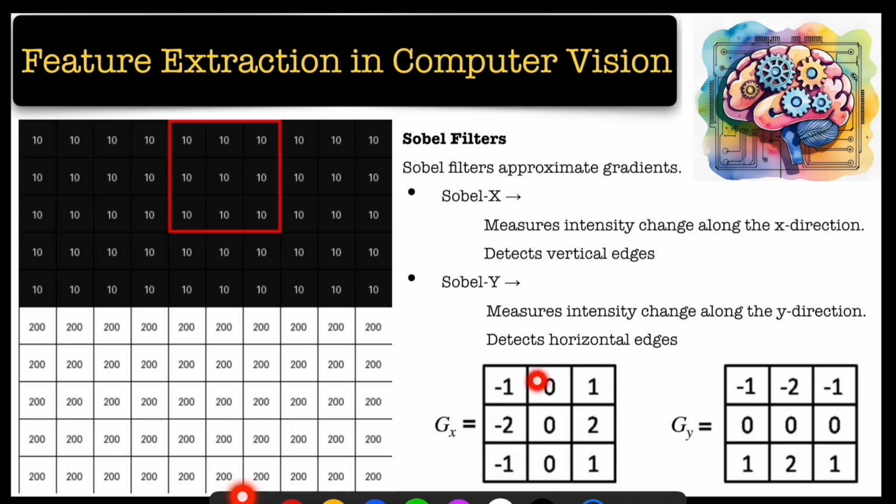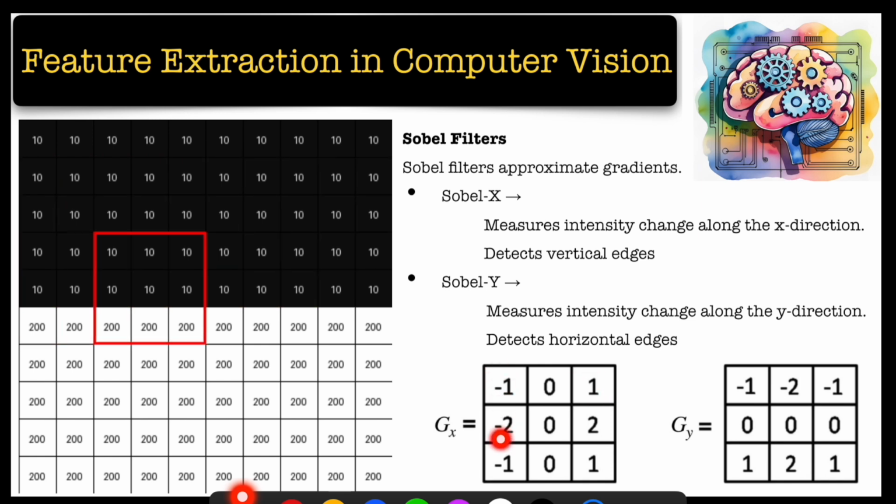So this is the Sobel X filter. You see on the left side we have negative values and on the right side we have positive values. We just place this filter onto the pixel image. That means we are subtracting the left side values from the right side values. So this is giving us the intensity change in the X direction.